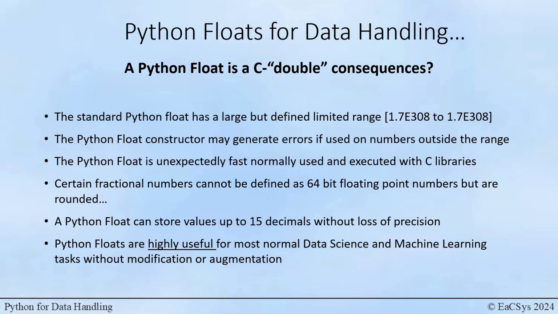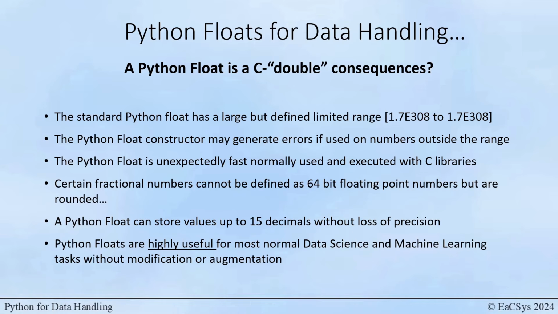And this also means that the Python float's range is huge, but limited between two incredibly large numbers. If a number is outside of this range, the float constructor may throw or generate errors if used on numbers larger than the numbers within this range.